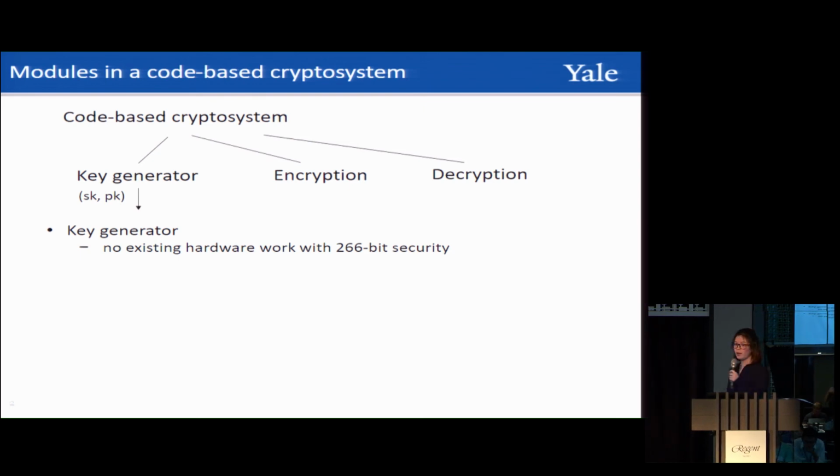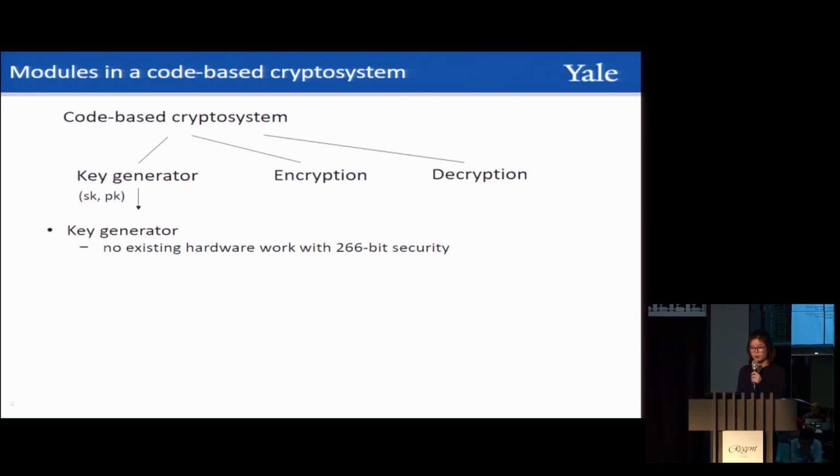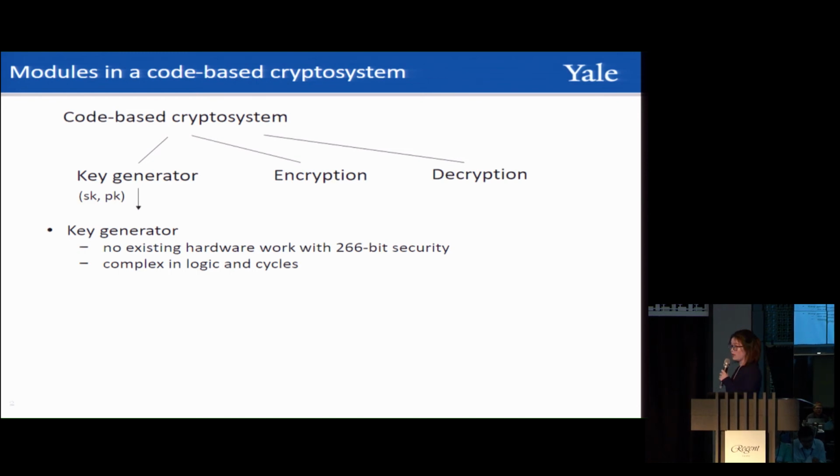I will talk about why we are targeting this security level pretty soon. This module is very complex, both in logic and in cycles. That's the reason why there is only one existing work that included this module in hardware.